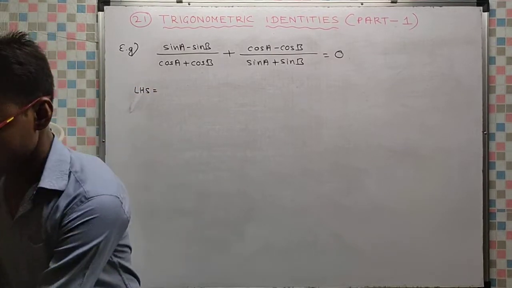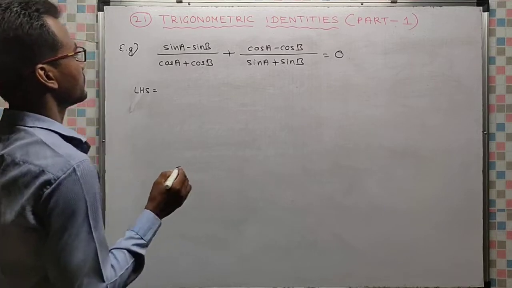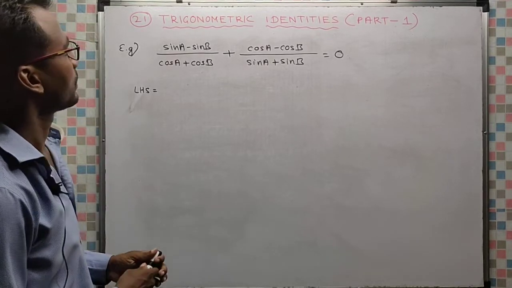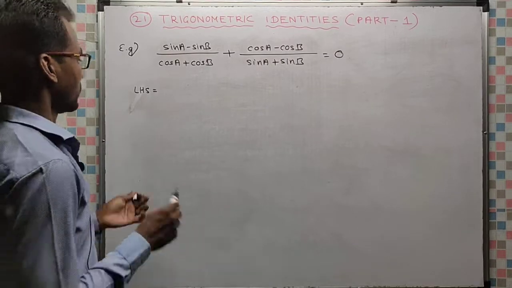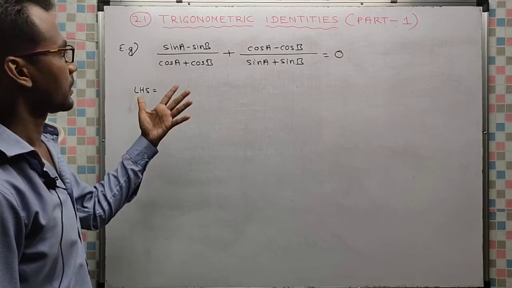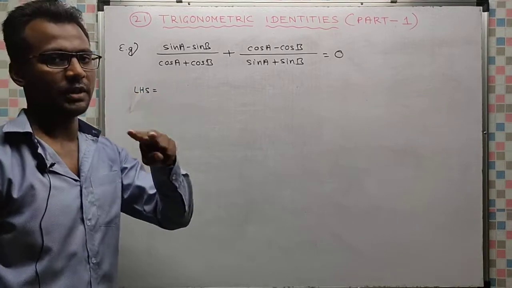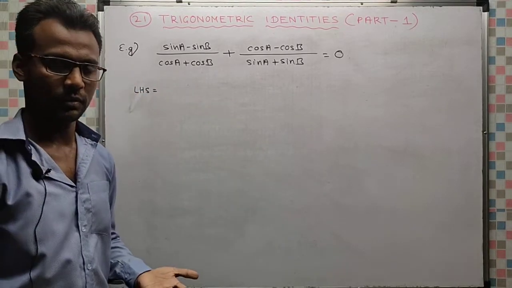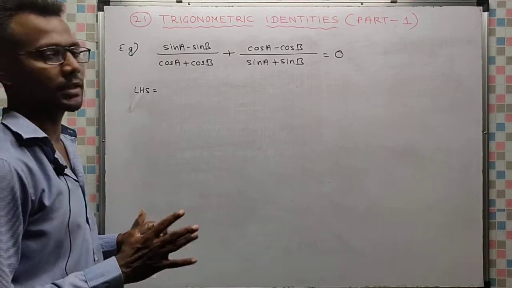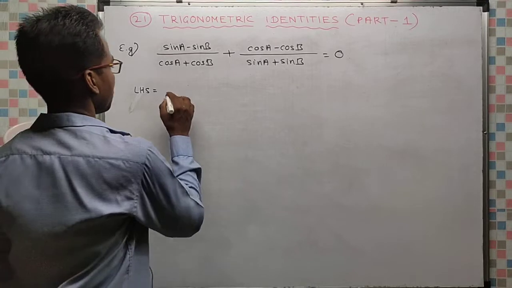LHS is equal to, already we have the two simplest ratios, sine and cos only. Further we cannot simplify, so we don't have any other option other than taking LCM. So let us take LCM.